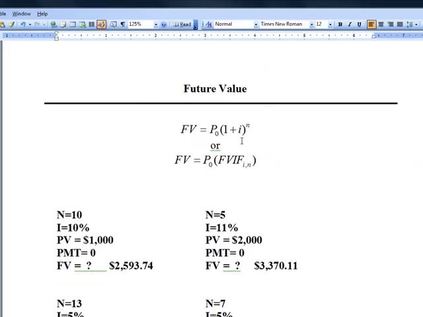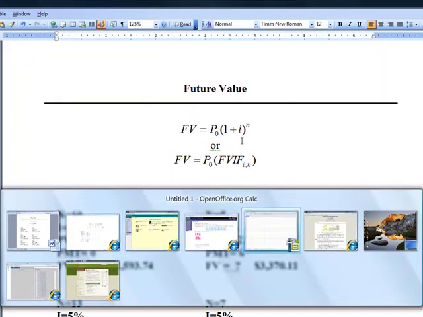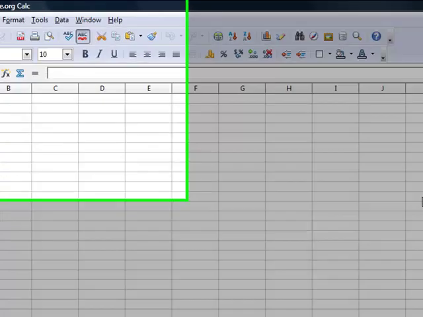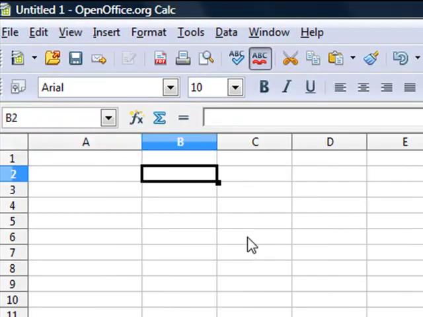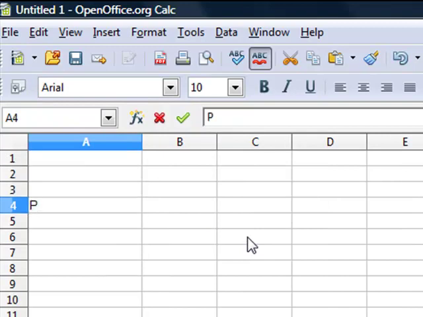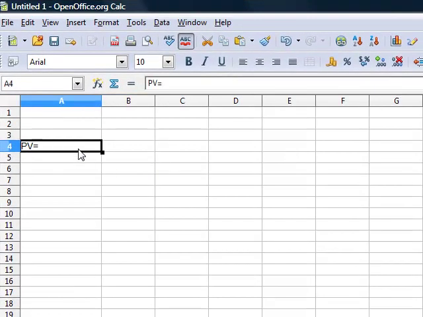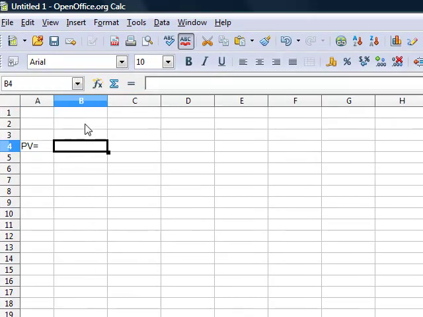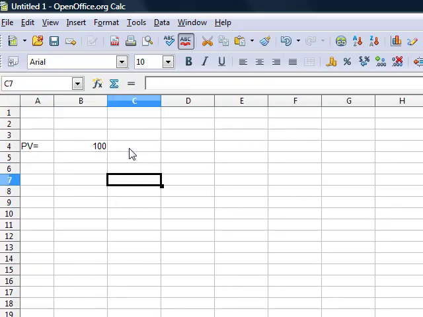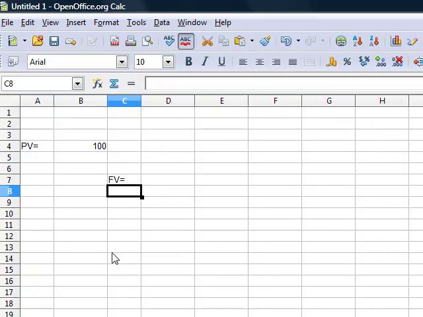So let's look over at Open Office real fast, and I'll show you a quick example. So let's say again that we have the present value, and we're going to allow that to be in this cell. And again, let's just say that it is 100, and we're going to have what is the future value, and we'll just allow it to be over here just for simplicity's sake.